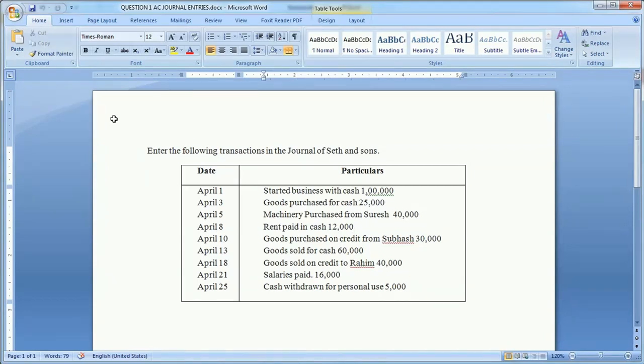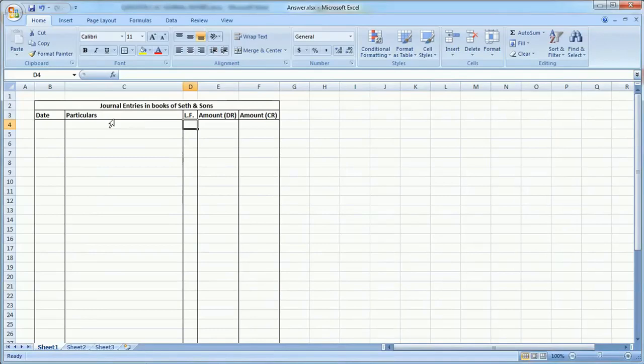Now cash is a real account. The rule for real account is debit what comes in, credit what goes out. And going by that rule, cash is coming inside the business, so the transaction will be, first of all we'll write the date, 1st April.